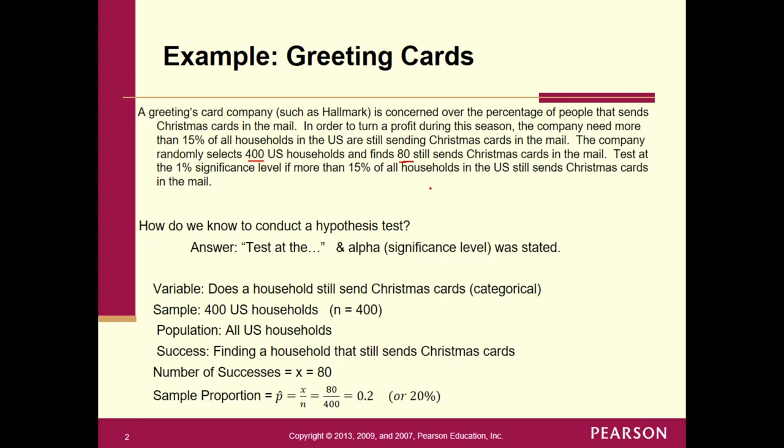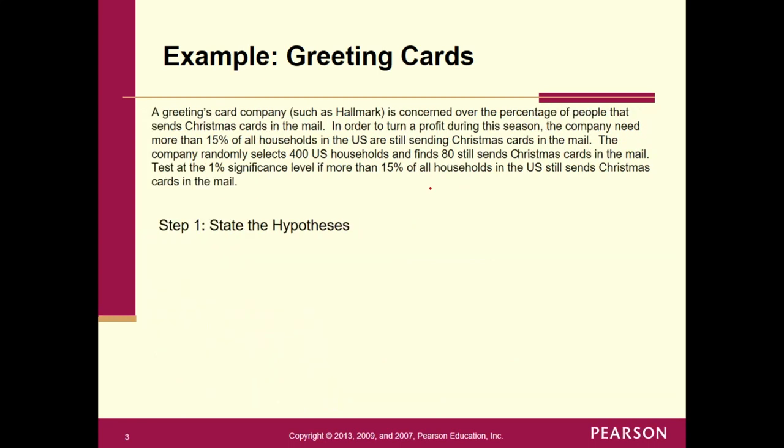Let's get into more specifics. Step 1, state the hypotheses. It says test at the 1% level if more than 15%, so that sounds like p is greater than 0.15. p stands for the percentage of all the U.S. households that are still sending Christmas cards in the mail.